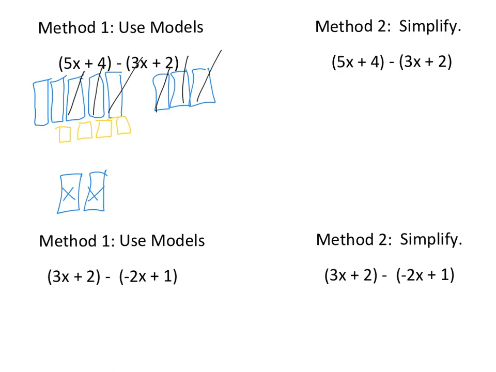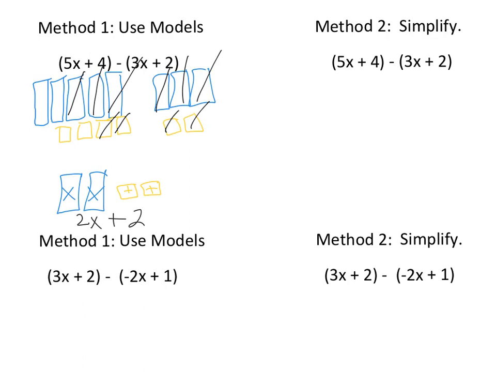And then the constants, I know I have 2 on this side, so that means I would take 2 away, 1 from each, and that leaves me with just 2 of those. And they are positive. So now in this case, my final answer ends up being 2x plus 2.